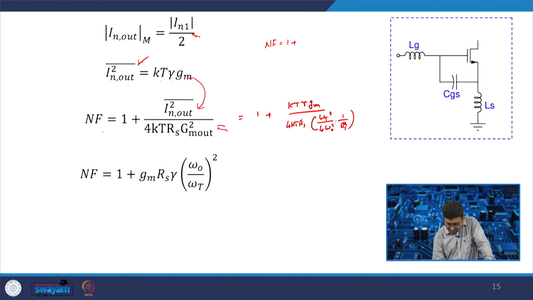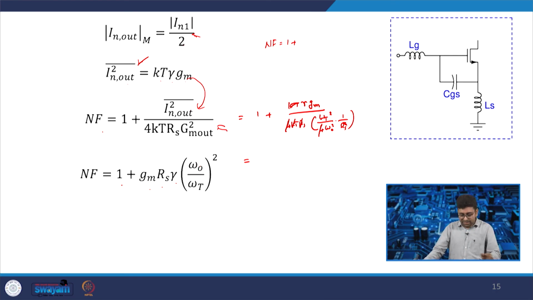So this Rs will be cancelled out, kT will be cancelled out, 4 will be cancelled out, and we will get the same: 1 plus Gm Rs gamma (omega naught by omega t) square.